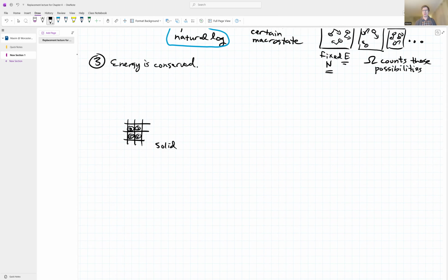And you imagine the solid lives in an environment that is held at a fixed temperature T. That could be the rest of the solid, and you could be looking at a small piece of the solid. But there's some environment, and it's at temperature T.